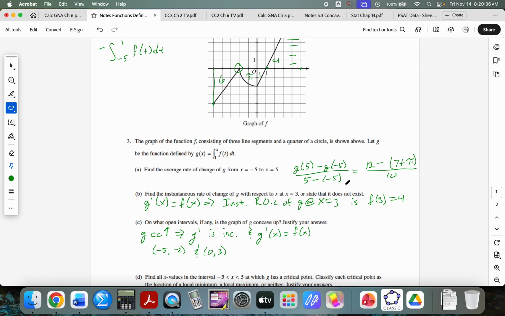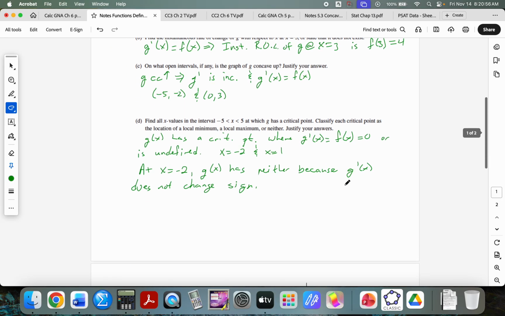What about at x equals 1? A minimum. Yeah, we're going to have a minimum because the derivative changes from negative to positive. Exactly right.